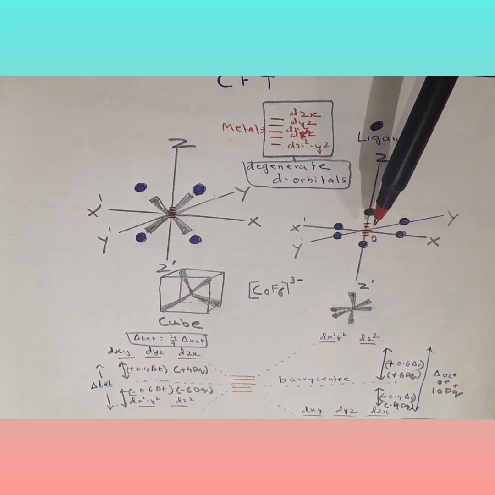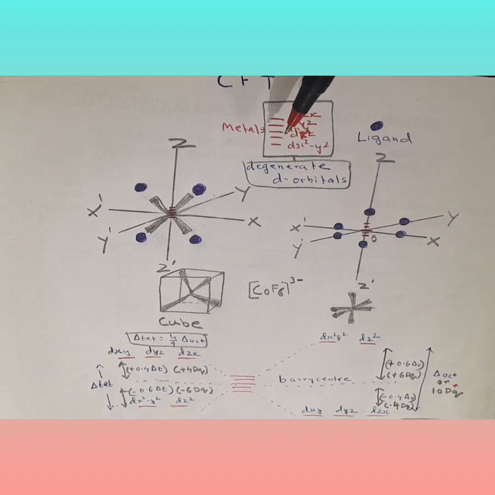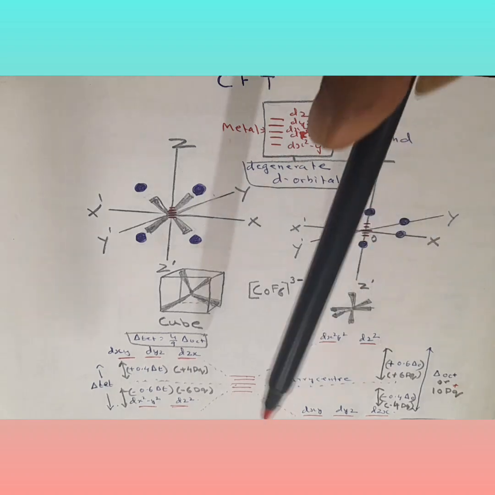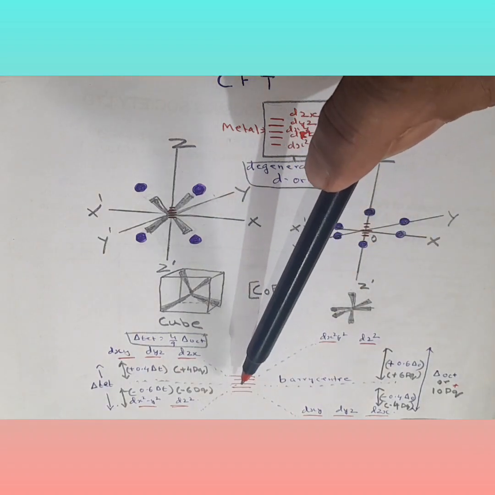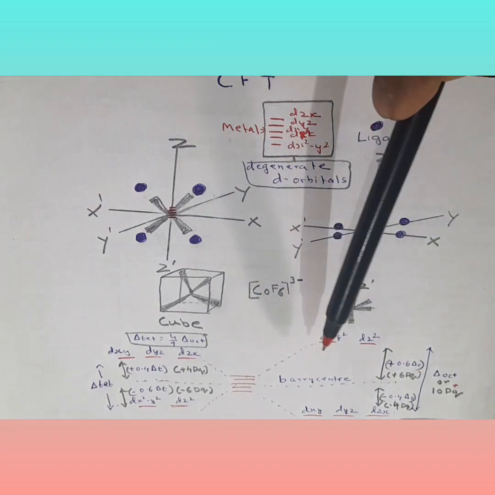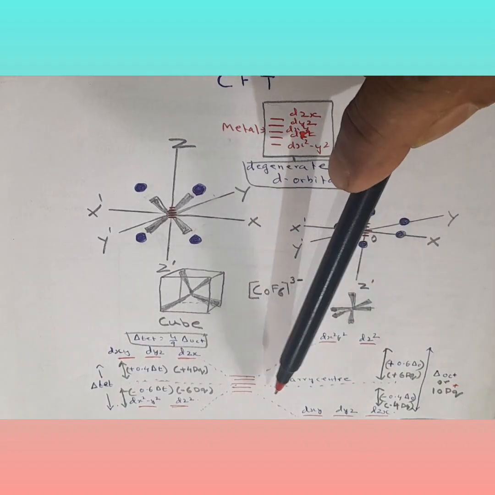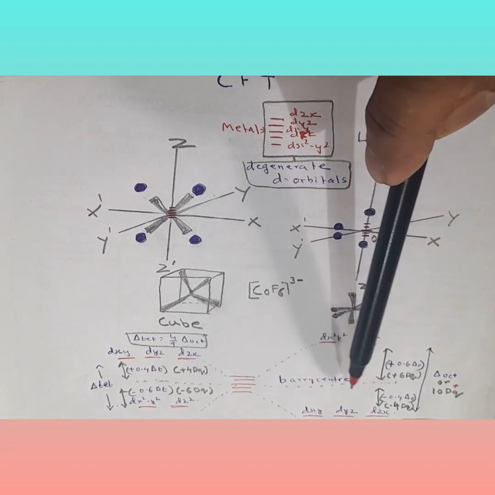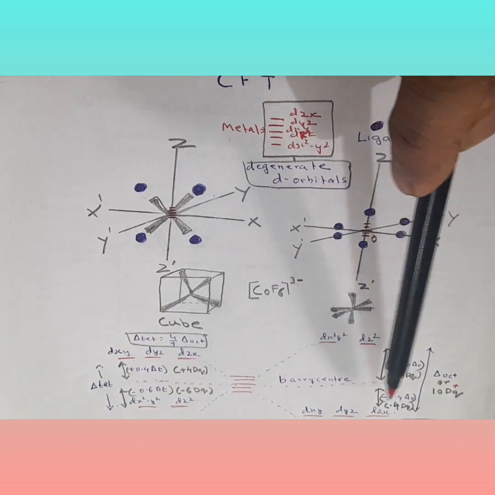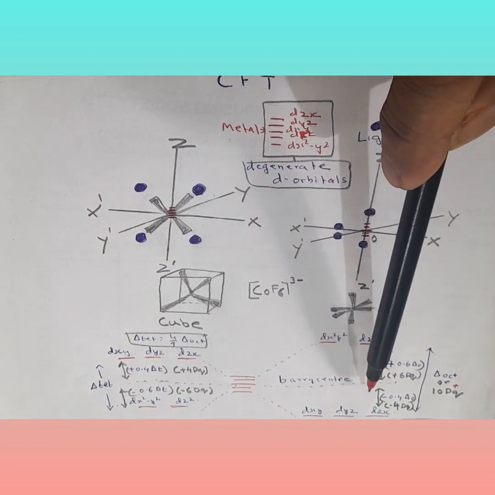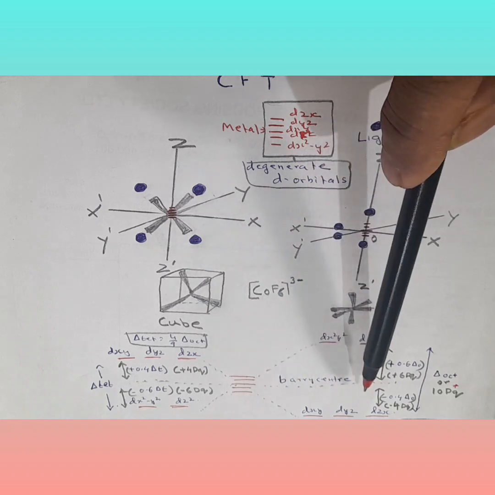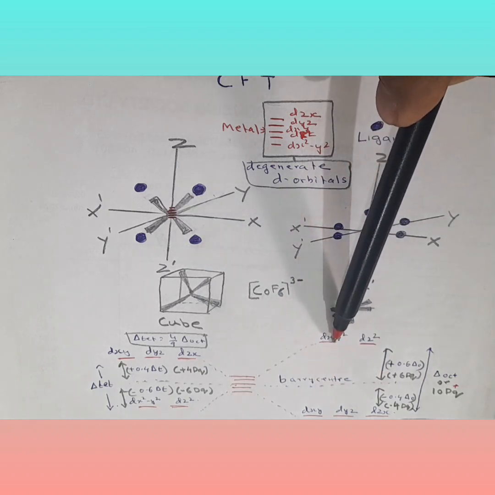Owing to this, the degenerate level is broken. It breaks up, gets excited and moves above the barycenter. The barycenter is where the energy level is for the degenerate level of d orbitals. So it moves above.